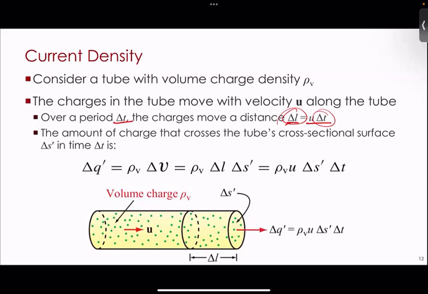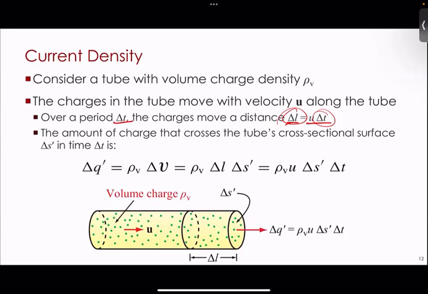Another way to think about that is as a volume, like how much of the charges flow through this surface. We can think of that as the volume charge density times the volume. Imagine that cross-sectional surface extended down over the time period delta t.